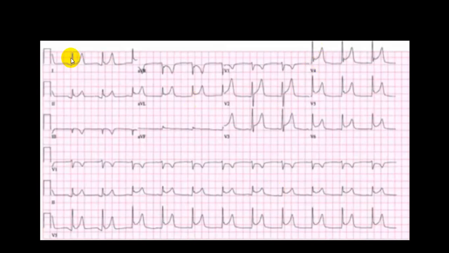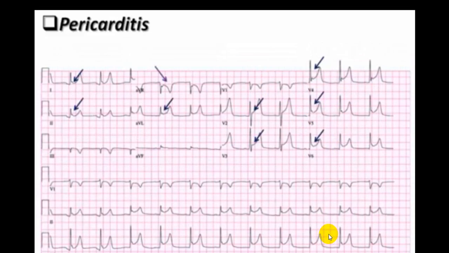You will see it in lead 1, lead 2, lead 3, AVL, AVF, and right from V2 to V6, and in AVR you will get PR segment elevation with ST depression, while in other leads you will have PR segment depression with ST segment elevation, and at the J point you can have a fish hook appearance. This will be pericarditis. You can see those changes right from lead 1, lead 2, AVF, then V2 to V6, and in AVR you will have PR segment elevation with ST depression.